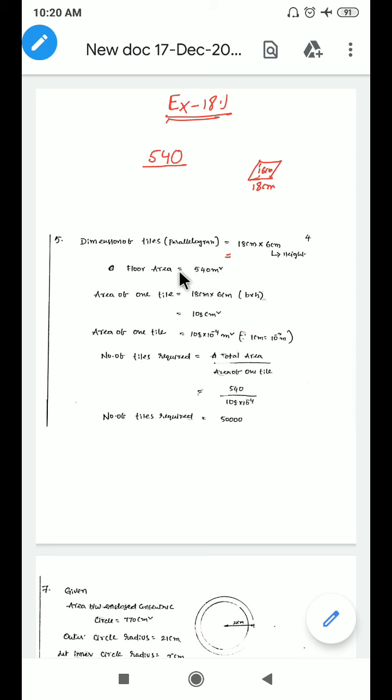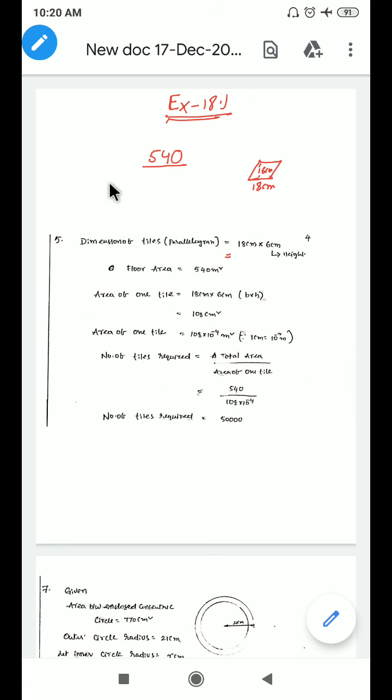But look at here, the floor area is given in meter square but the tile's area is given in centimeter square. So what to do? You have to convert them to the same unit. So we are converting centimeter square to meter square.